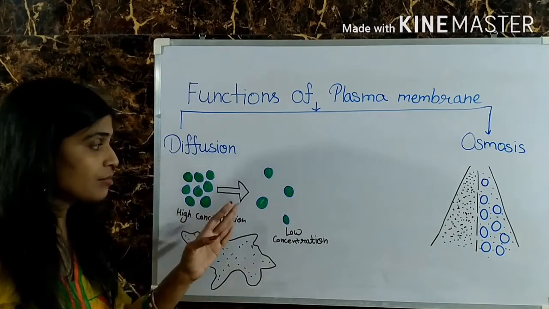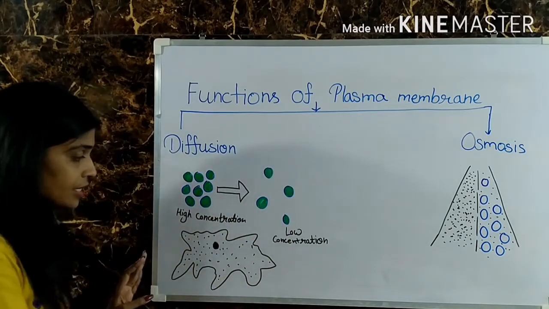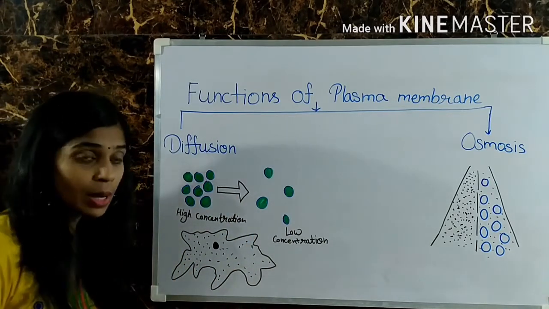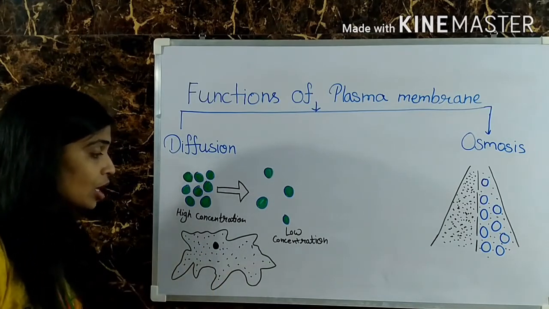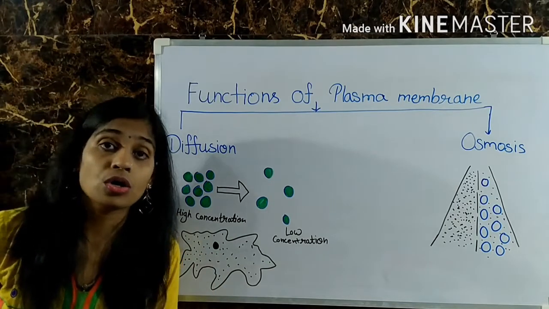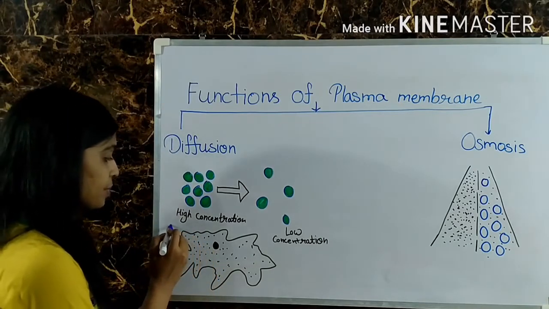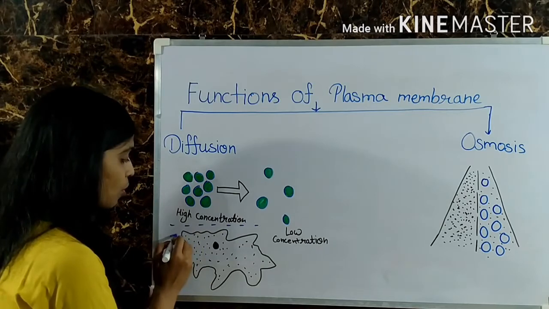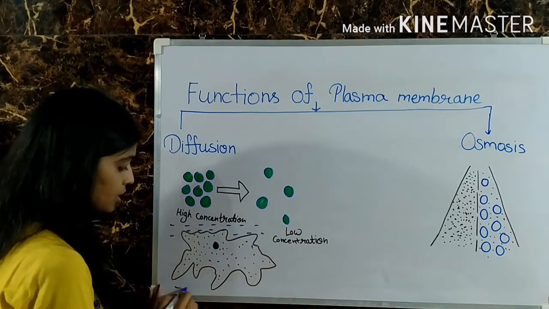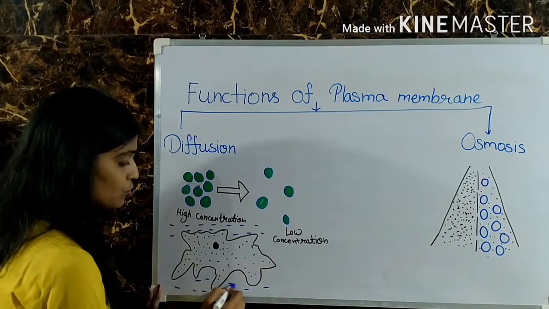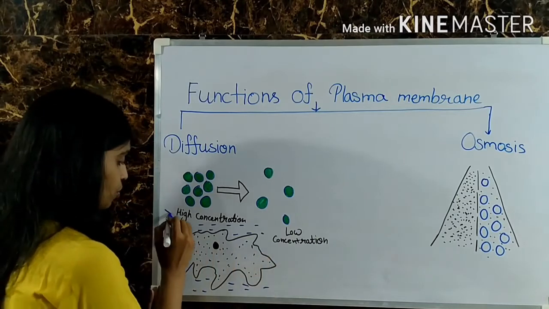We can understand this more very well with this diagram. Here it is the amoeba, and this amoeba requires oxygen to respire. So the oxygen present in the water body diffuses through the water.